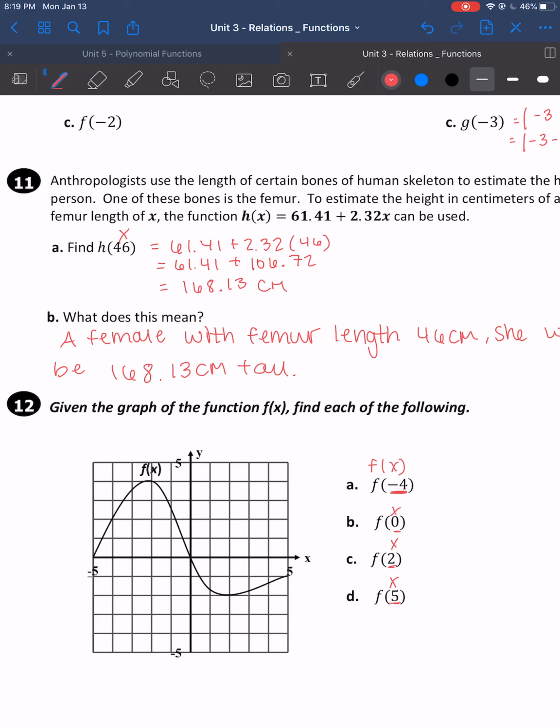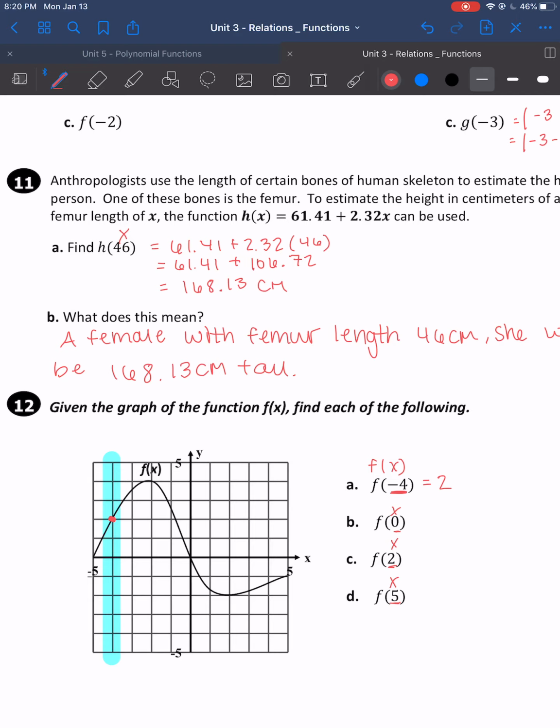So when I have f of negative 4, I'm going to find negative 4 on my graph. And you need to figure out where the function meets negative 4. So right there on that point. Well, that point is 2. So f of negative 4 is 2. There's no function rule. You don't have an equation to plug it into this time. Your graph is your function rule.